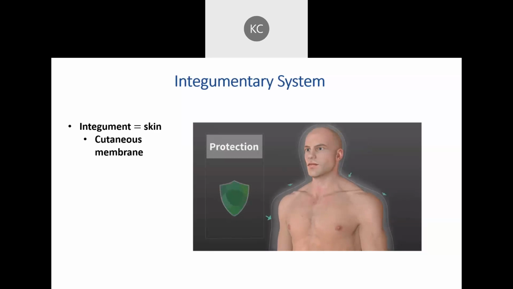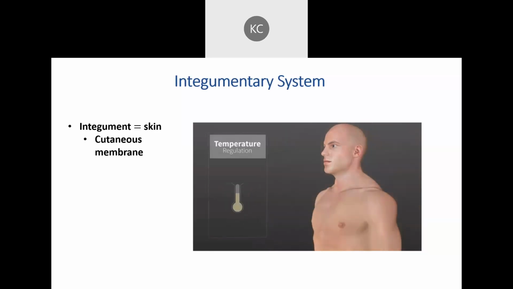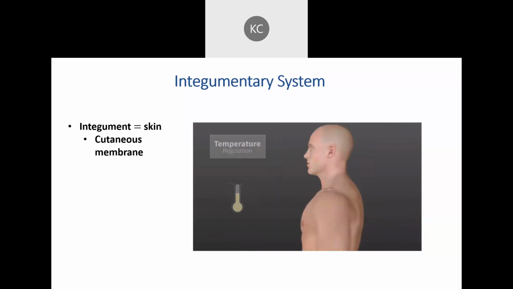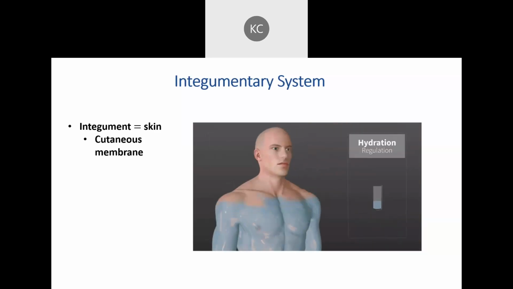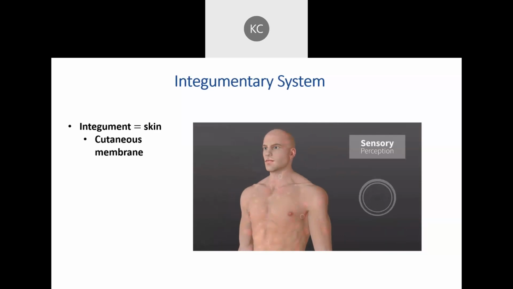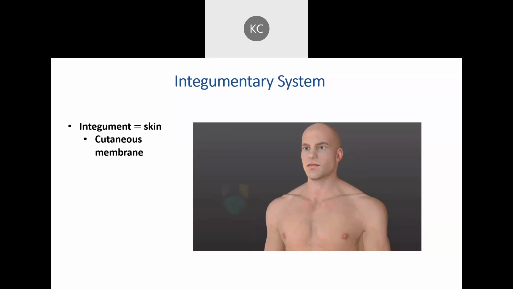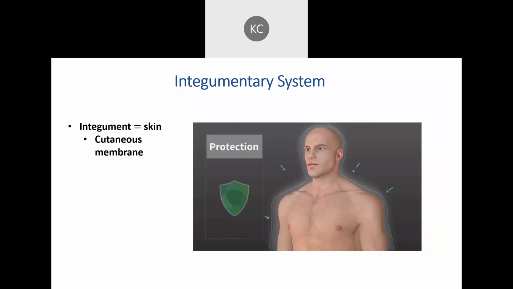In this case, cutaneous is referring to skin. So this is our skin membrane. This is the membrane that is the most superficial aspect of us, right? It's what we see whenever we look at somebody from a very external, very superficial view. This is what we see.